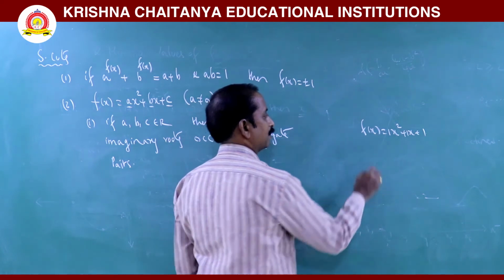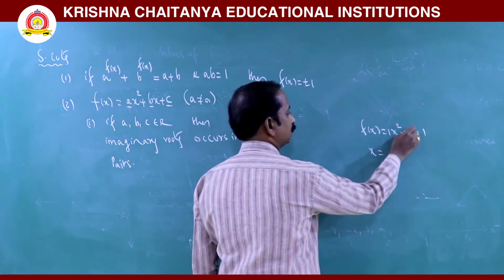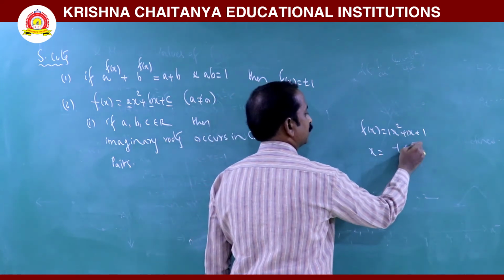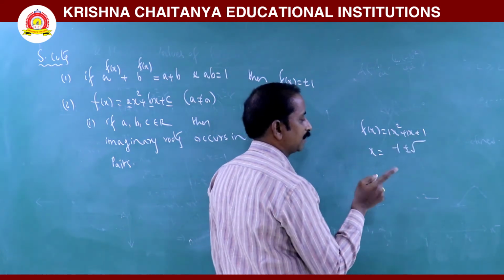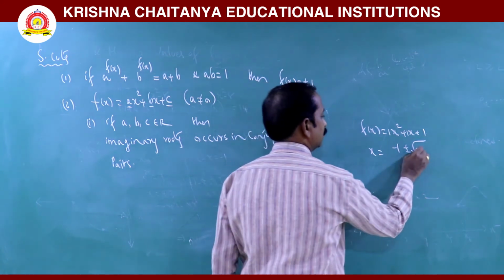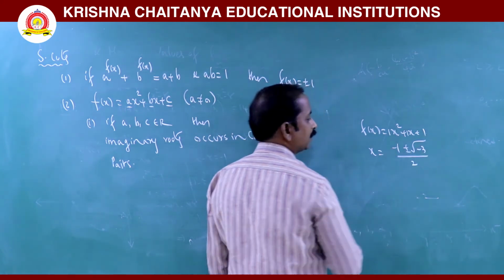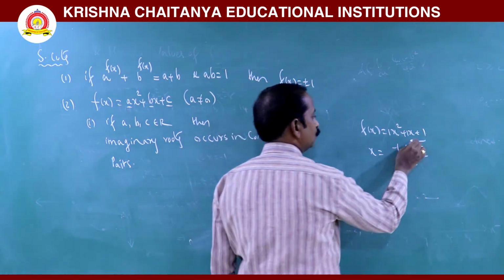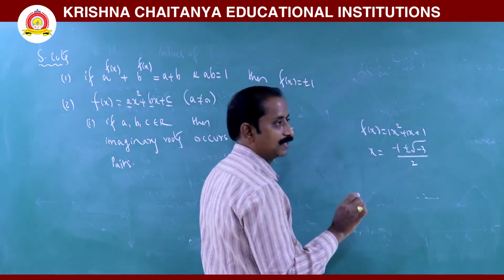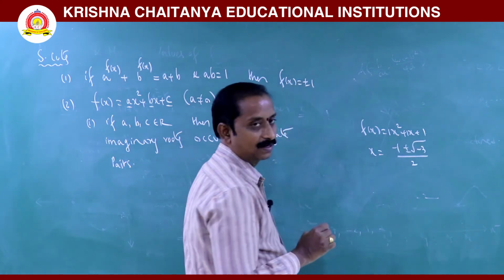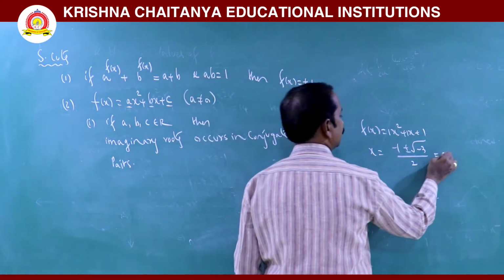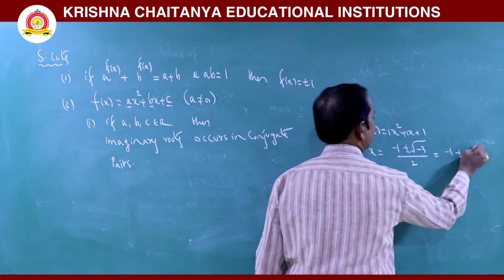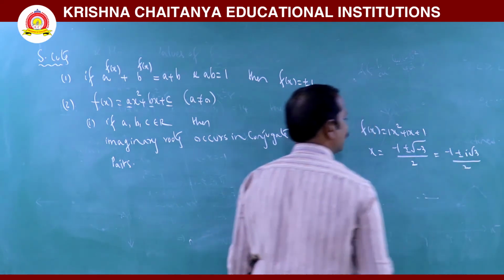But the roots of the quadratic equation: x is equal to minus b plus or minus root over b square minus 4ac, divided by 2a. That is 1 minus 4, minus 3, root over minus 1, which is an imaginary number taken as i. So that is minus 1 plus or minus i root 3 divided by 2.